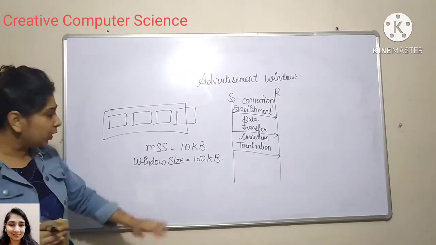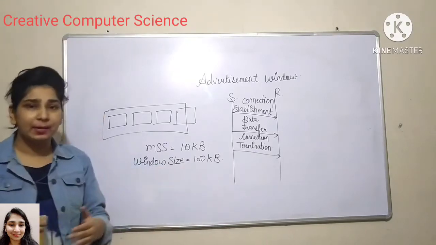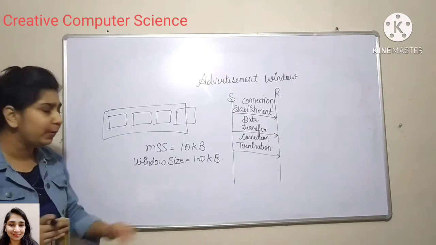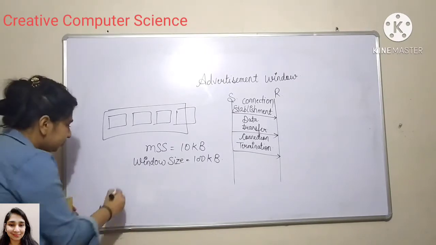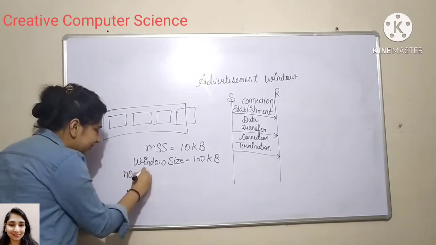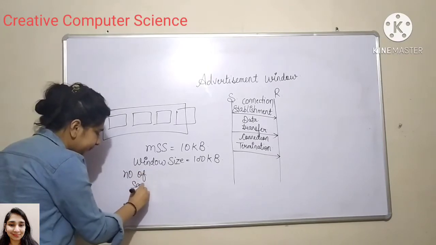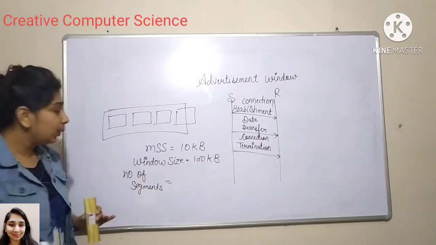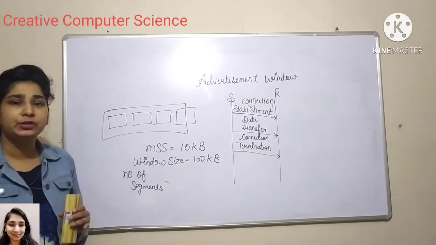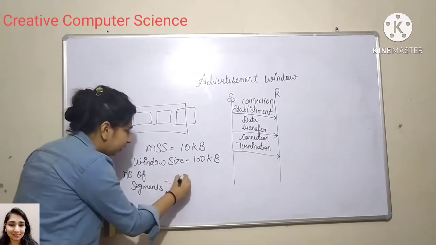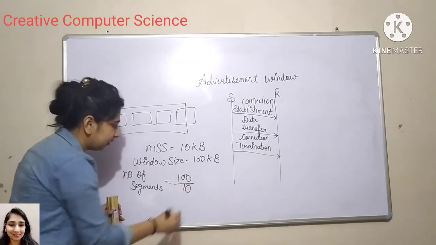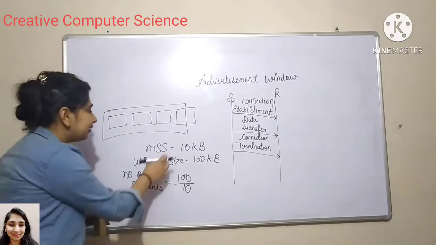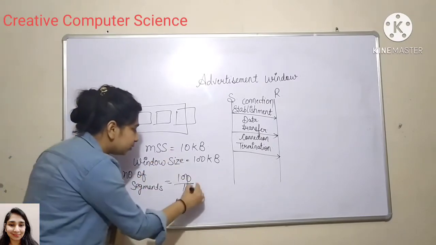If your window size is 100 KB, then the total number of segments your window is going to store is 100 by 10, since one segment size is 10 KB.